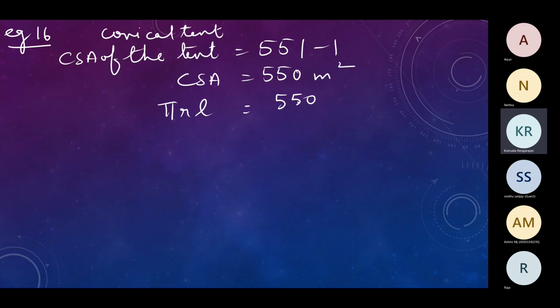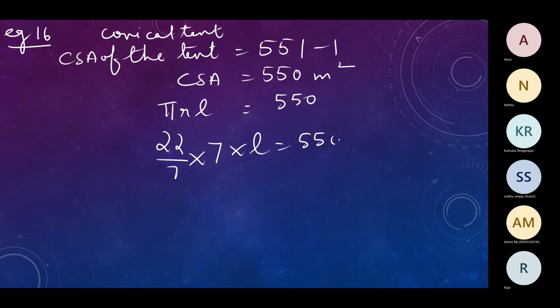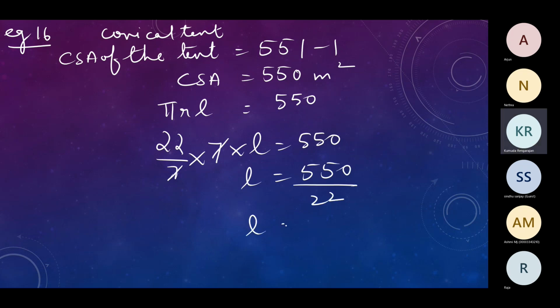What is the value of pi? Nothing is mentioned, so you can take 22 by 7. Into radius, given as 7 in the question, into l is equal to 550. So 7 gets cancelled. l is equal to 550 divided by 22. 22 ones are 22, 22 twos are 44, 11 is the remainder, 5s are 110. So l is equal to 25 meters.